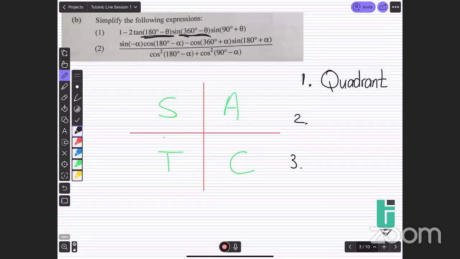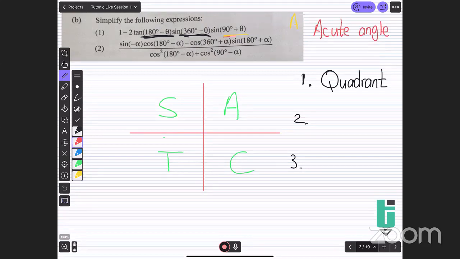It's in the fourth quadrant. 90 plus? It's in the second one, because theta is always an acute angle.